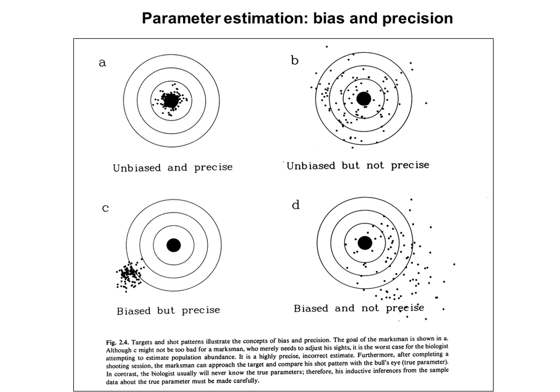So here's an example of targets and patterns and how precise a parameter estimation can be. So the first, A, is unbiased and precise, very close together. B is unbiased but not precise, so you can see kind of a scatter. C is biased but precise, so that's off to one side, but it's very tightly patterned.